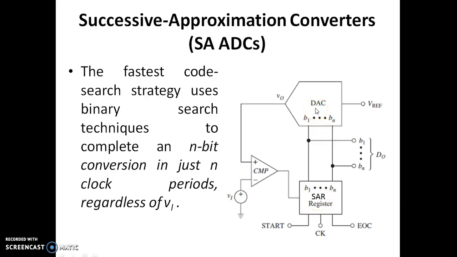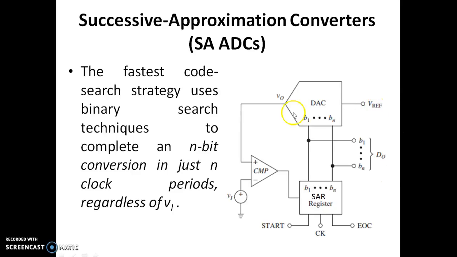We have this DAC as usual, and we have a comparator which compares the output of the DAC with the input voltage. So this also comes under the category of DAC based ADC. As we saw in the earlier ADCs, we have a start pin which is an input, a clock is required for this register, and we have an EOC stating the conversion is completed.